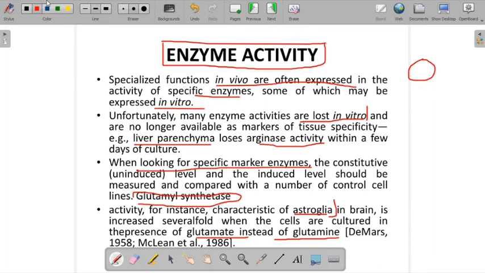Several foods are available in the market right now, like badam and cashew nuts and other food materials. They contain specific types of amino acids which enhance our neural capability, but only after a long period of exposure.